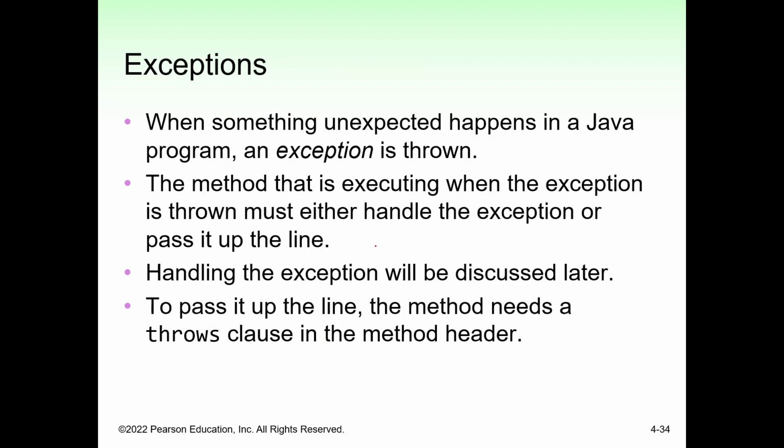Since we're talking about the PrintWriter class, we have to talk about something called exceptions. An exception happens when something unexpected happens in your Java programs. Whenever something like that happens, an exception is what we call thrown. It lets you know that something wrong or unusual is going on with your program, and it's easier for the programmer to understand what's happening because there are different types of exceptions.